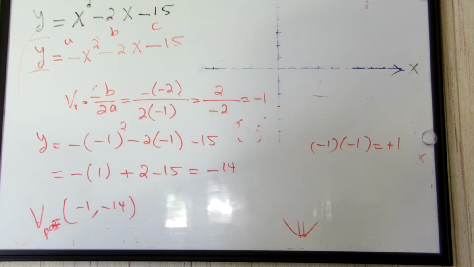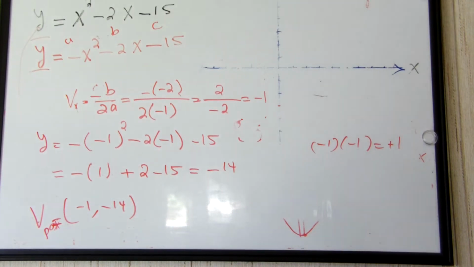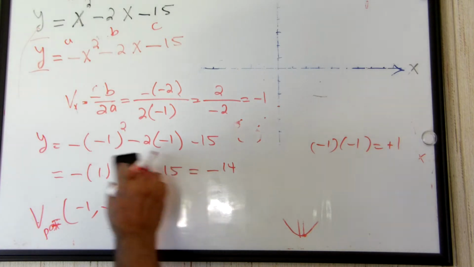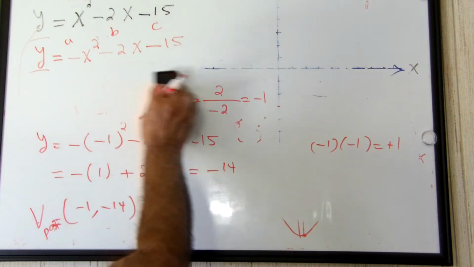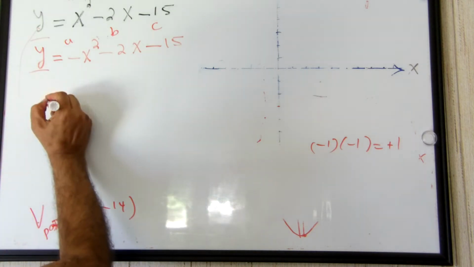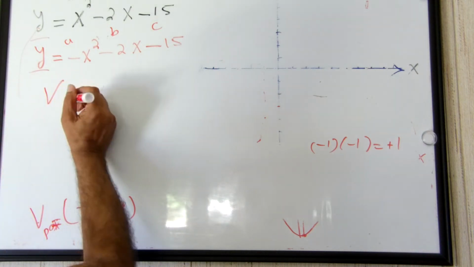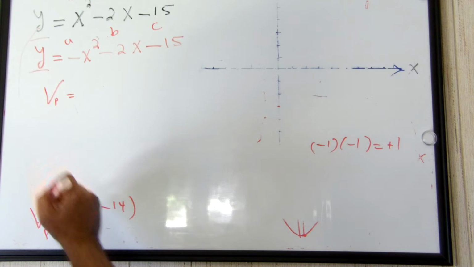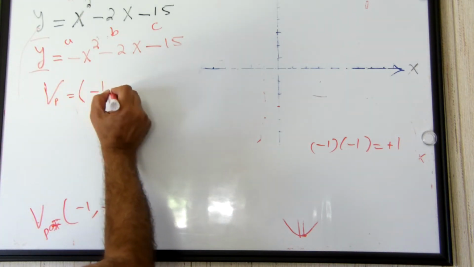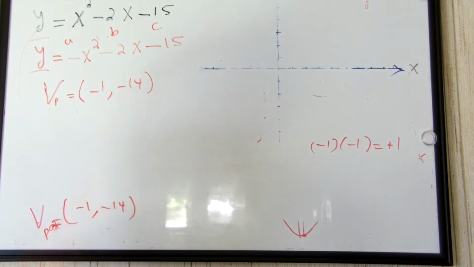Now let's find another point. So the vertex of the point P is going to be minus 1 and minus 14.